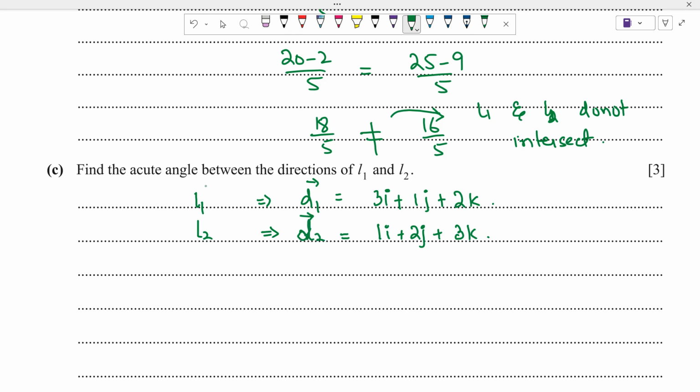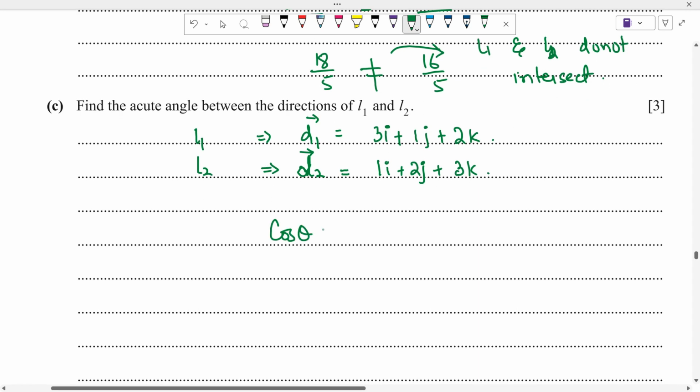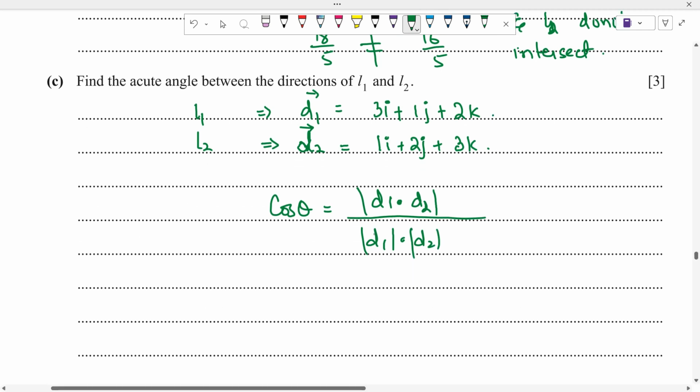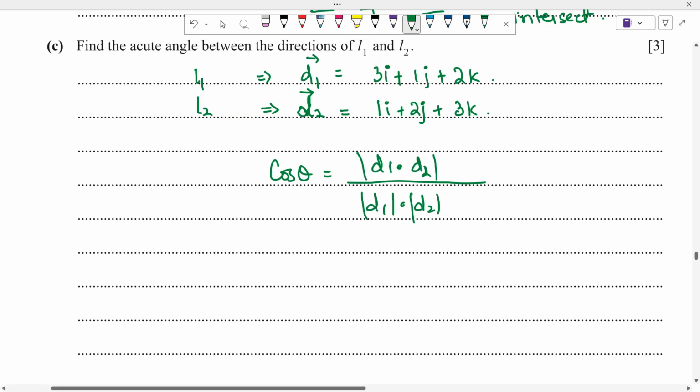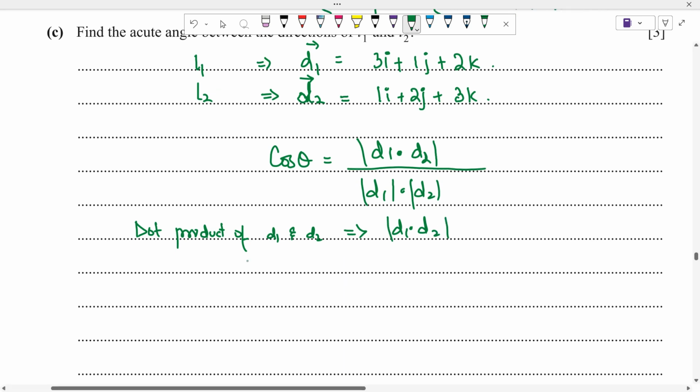And we know that to find the acute angle between the direction of L1 and L2, the formula is cos of theta equals the dot product of D1 and D2 over the magnitude of D1 times the magnitude of D2. So we have D1 and D2. First we find the dot product.